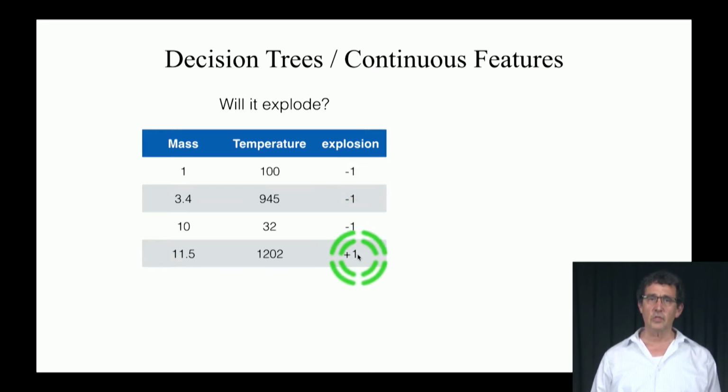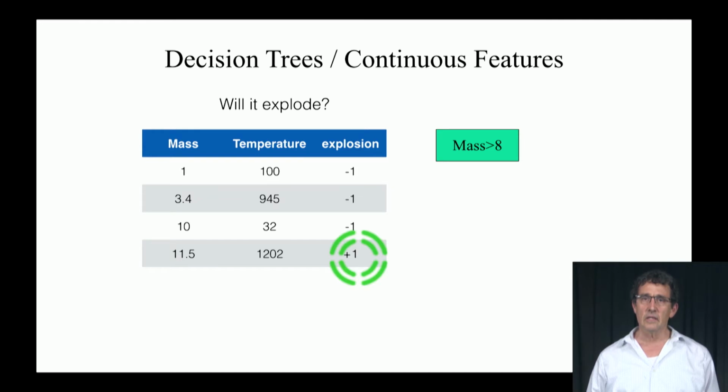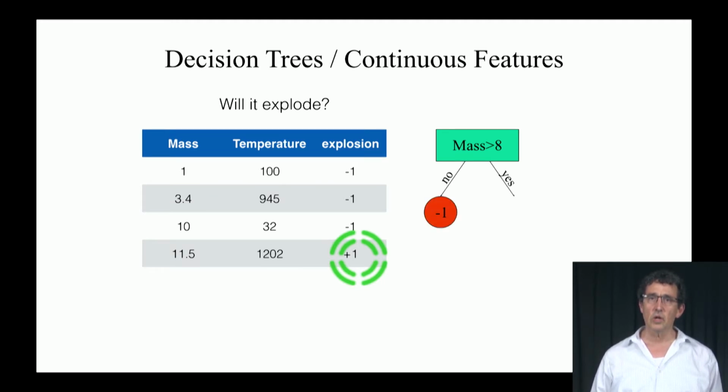So how can we represent this as a decision tree? Well, we might first check the mass and say, is the mass larger than 8 or smaller or equal to 8? If it's smaller or equal to 8, then it's definitely not going to explode.